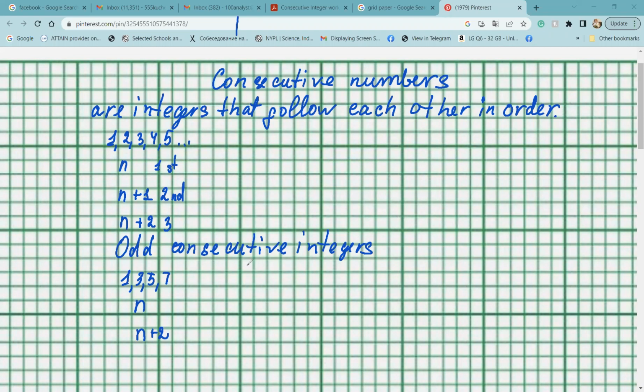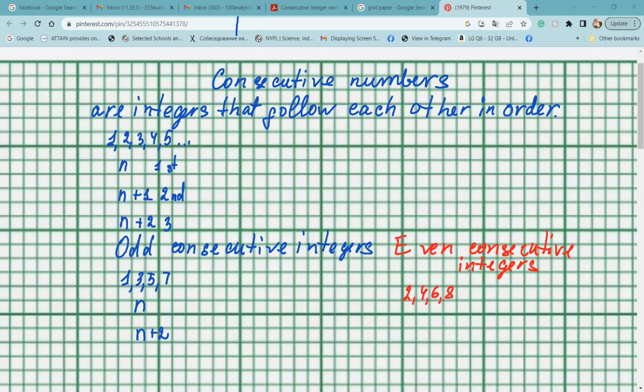For even consecutive integers, we use absolutely the same strategy. Let me change the color and let's write down even consecutive integers. For example, we have a data set like this, 2, 4, 6, 8, and so on.